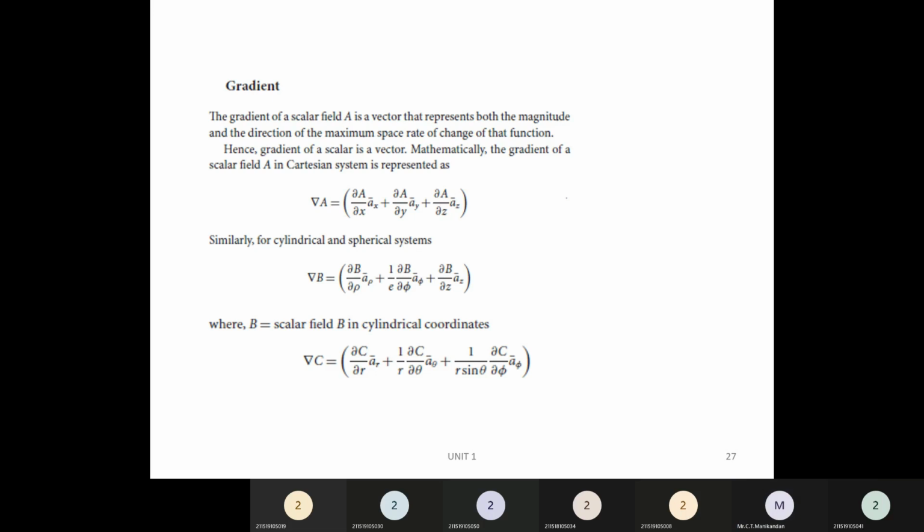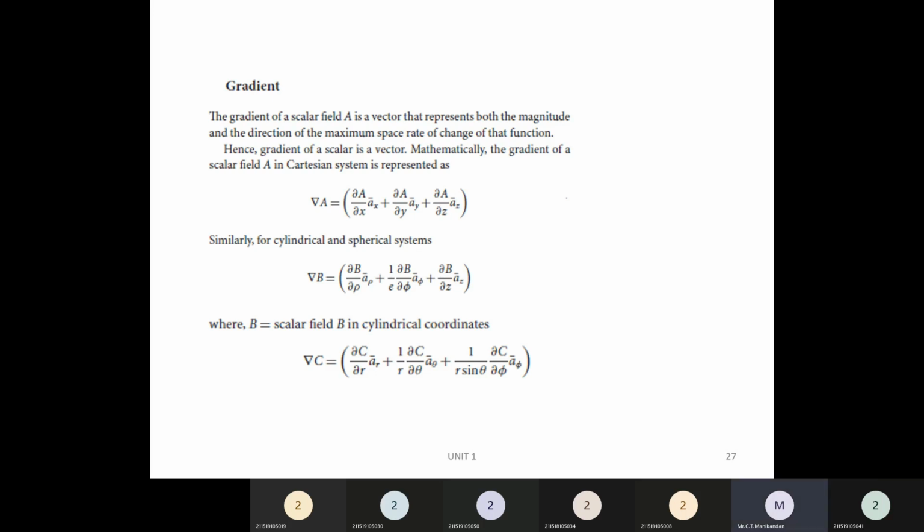The gradient of the scalar field is represented in three formats. As I told, we have three coordinate systems: Cartesian, cylindrical and spherical. We can express it in the three coordinate systems there. So you will be getting del A, del B and del C. You can see that for different coordinate systems the formulas will not be constant.